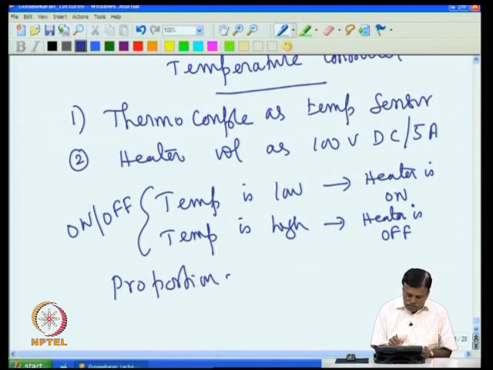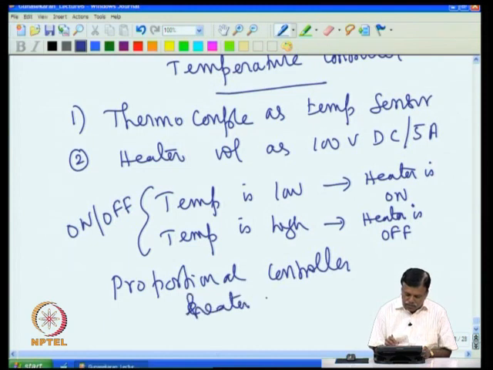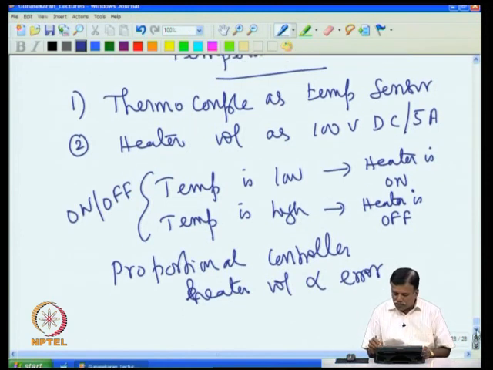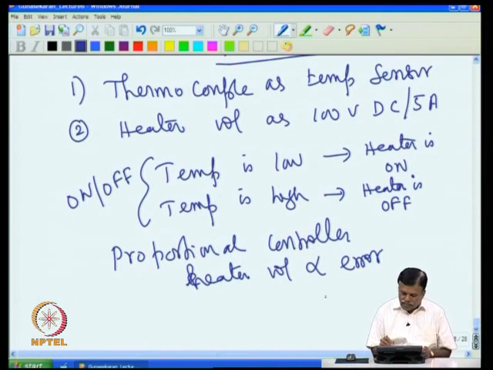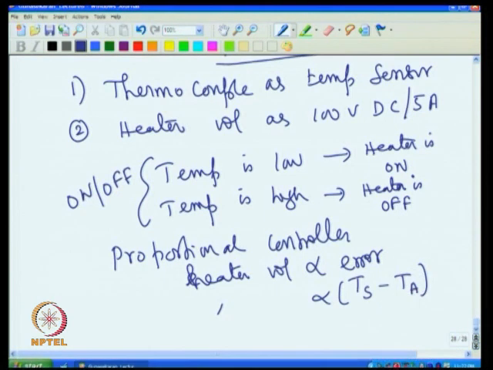In a proportional controller, we make it such that the heater voltage is proportional to the error. Here the error is nothing but the difference between the set temperature and the actual temperature.